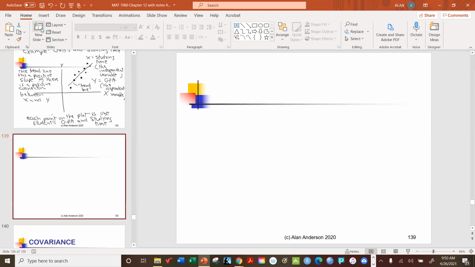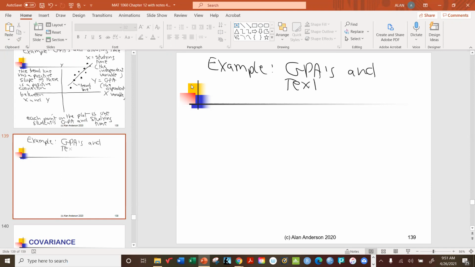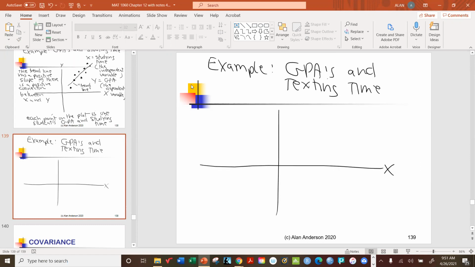Okay, so we don't have to re-explain everything here. We'll just note that this example is GPAs and texting time. And so this time the points will go in the opposite direction. So the trend line has a negative slope.